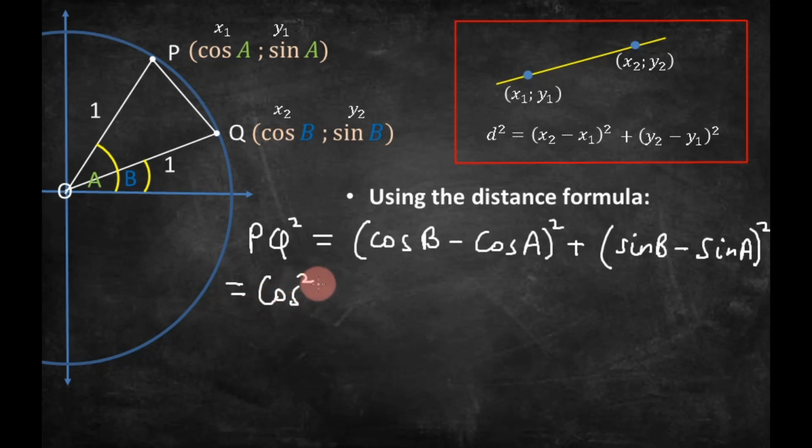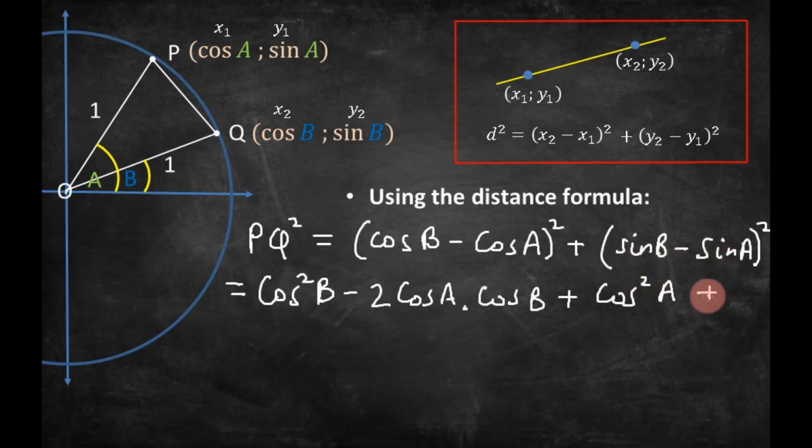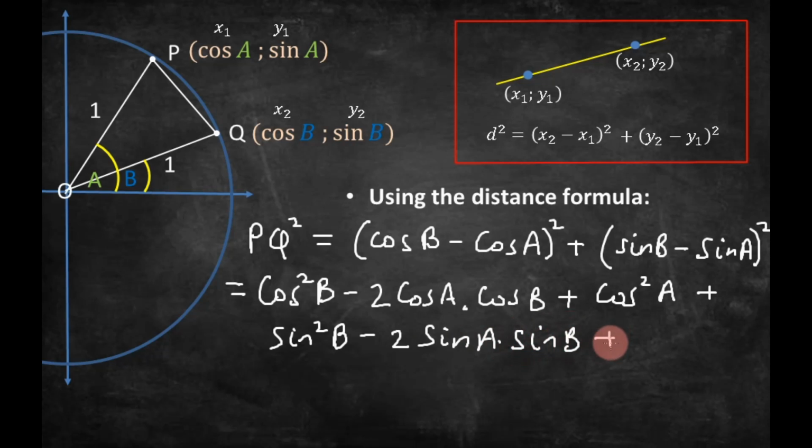So it's going to be cos squared B minus twice the cos of A times the cos of B plus the cos squared of A. And in squaring out this set of brackets, it's going to be plus the sine squared of B minus twice the sine of A times the sine of B and plus the sine squared of A.